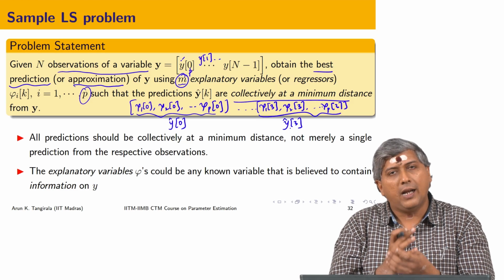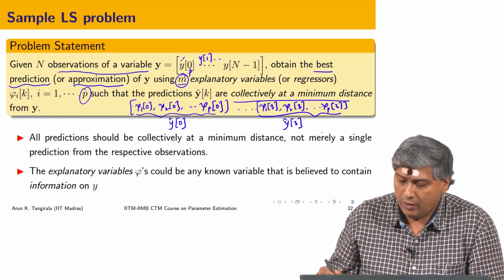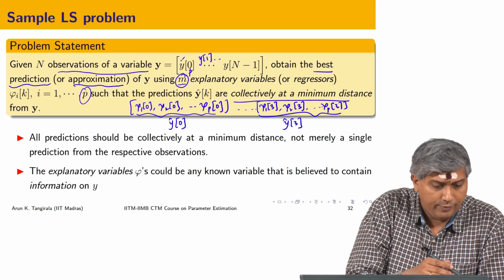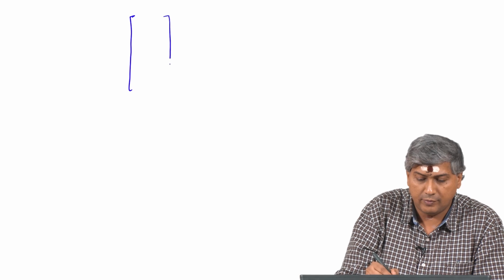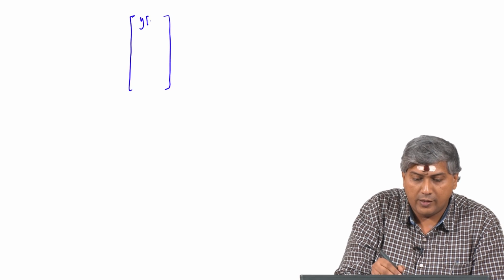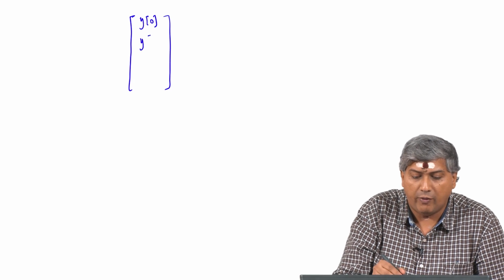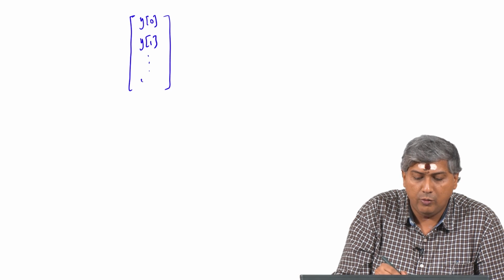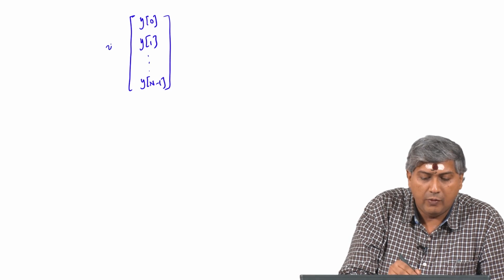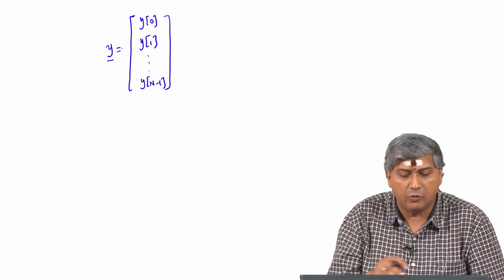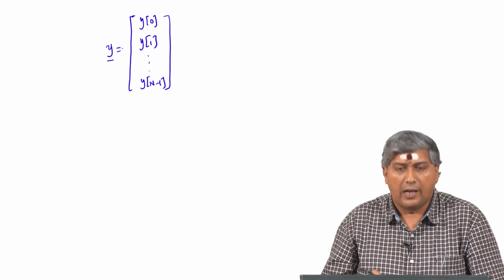And what we mean by collectively is that, let me show you. I have here a vector of observations y 0, y 1 up to y n minus 1, or you can run the index from 1 to n, it does not matter. We call this a vector of observations y underline.